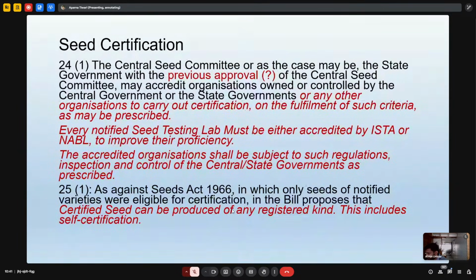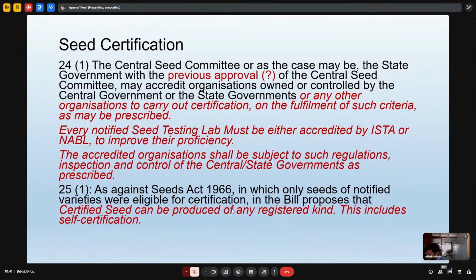But different organizations can be accredited, which are either owned or controlled by the central government or state government or any other organizations, to carry out certification.